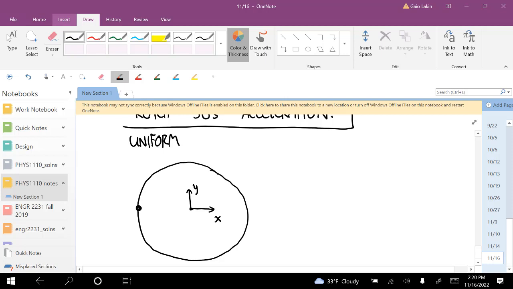So this is where the person is at the instant that we're going to do this calculation. Next, draw the centripetal acceleration going from the object, the person, toward the center of the circle. So there's the centripetal acceleration.